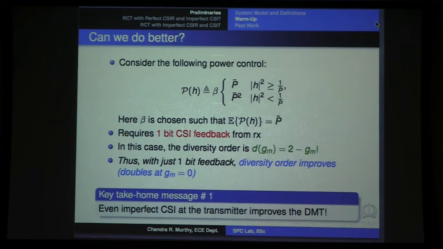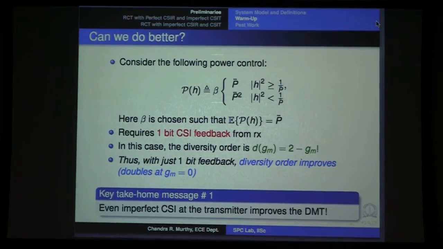So this power control here actually captures 2 or 3 of the very essential features of good power control schemes. One is that, remember that here we have a target data rate, and if the data rate that is achievable by the channel is smaller than this target data rate, you're going to go into an outage. So for bad channel states, it's good to use higher power levels, and vice versa.